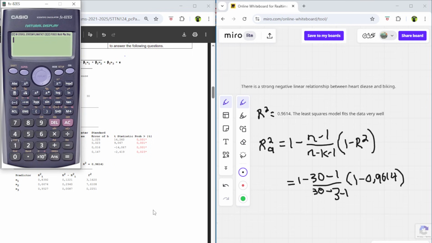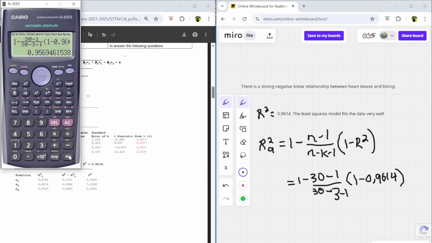Let's wait for the calculator to open. There we go. So we're going to say 1 minus fraction 30 minus 1 over 30 minus 3 minus 1, open bracket, 1 minus 0.9614.